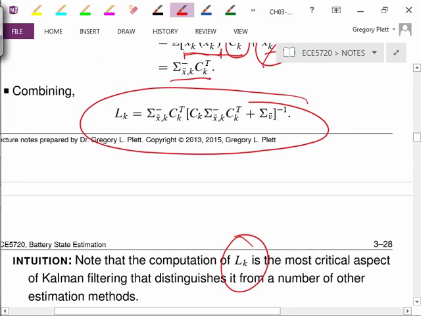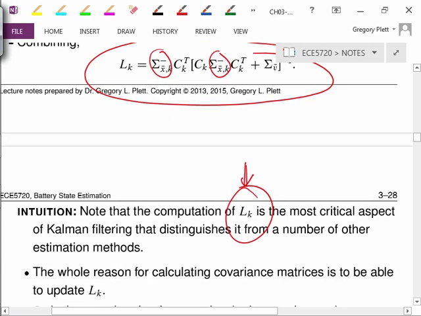The only, well, not the only, but because this computation includes these covariance matrices, that is a requirement which causes us to have the steps 1b and 2c that compute covariance matrices. It's nice to have the covariance matrices because they give us error bounds on our estimate, but we don't have to compute these covariance matrices if we don't want a Kalman filter, but we need them because we want this time-varying gain L that's optimal.